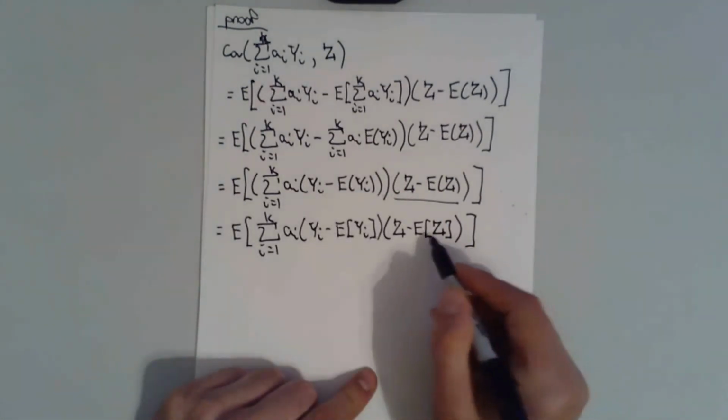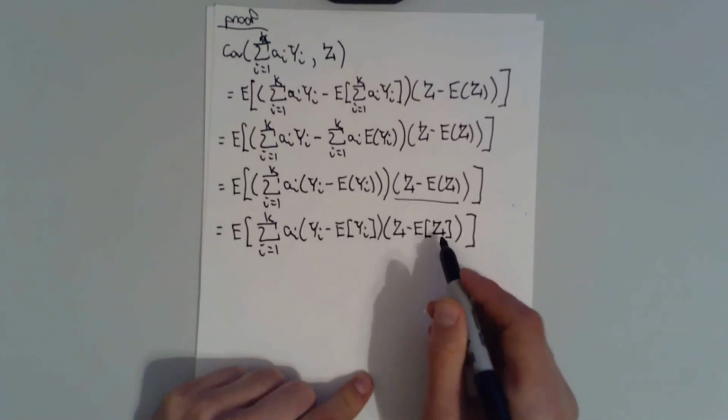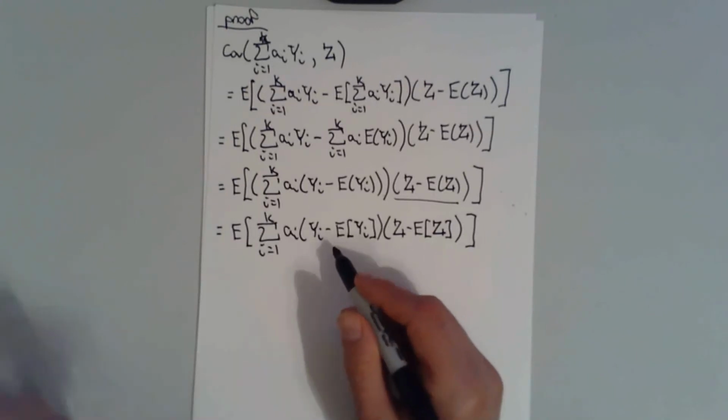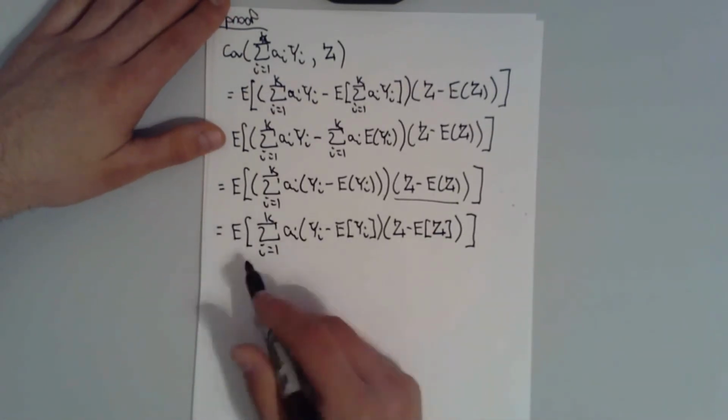So the inside here is just another random variable, ultimately defined by the random variables x sub 1 through x sub n. Therefore, the expectation operator distributes over this sum.